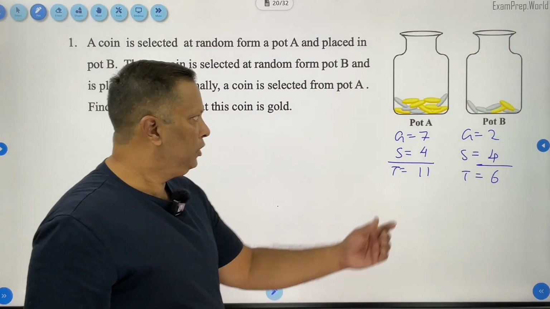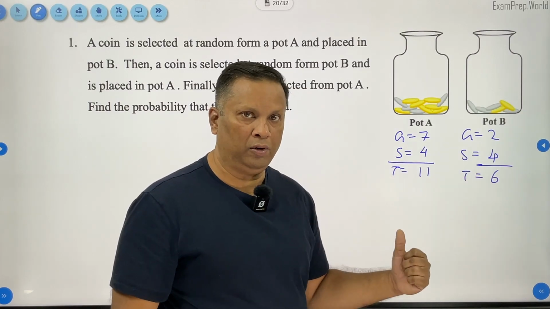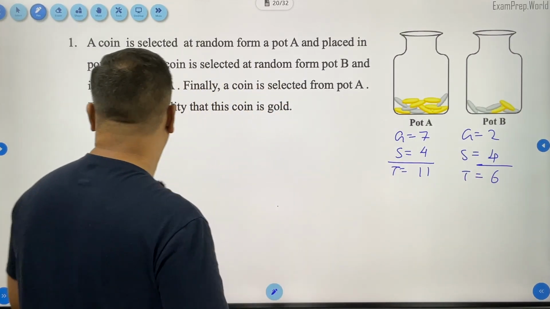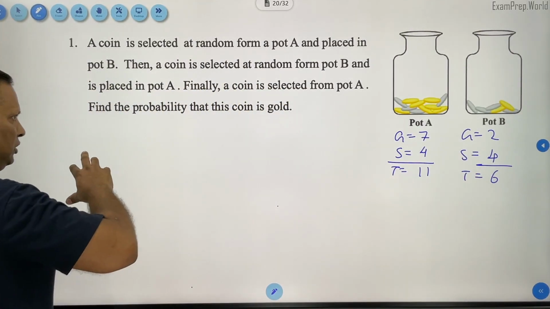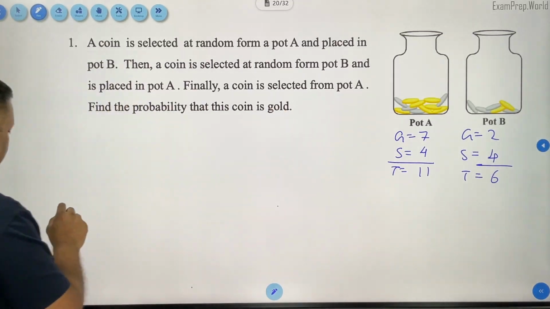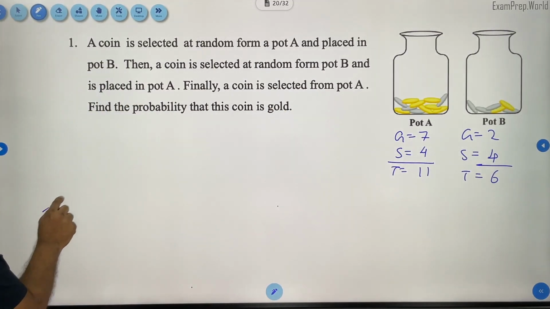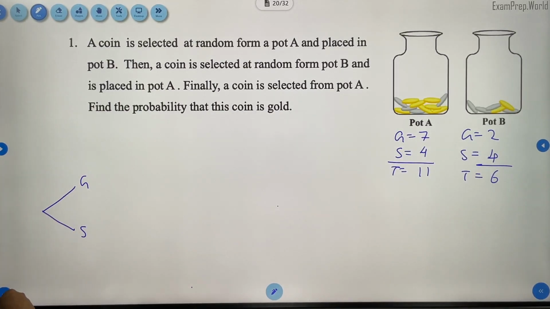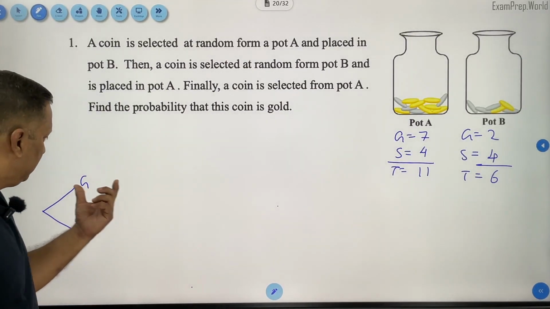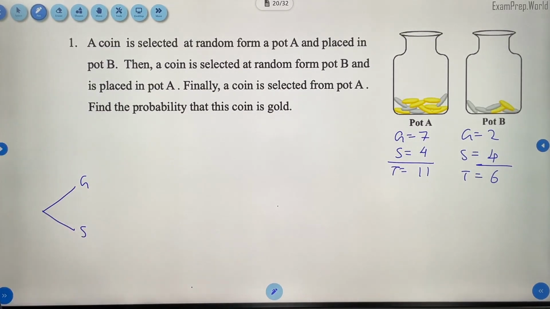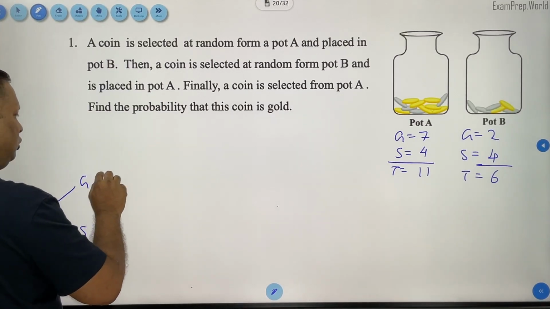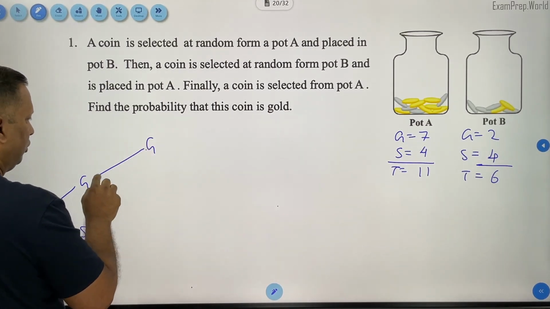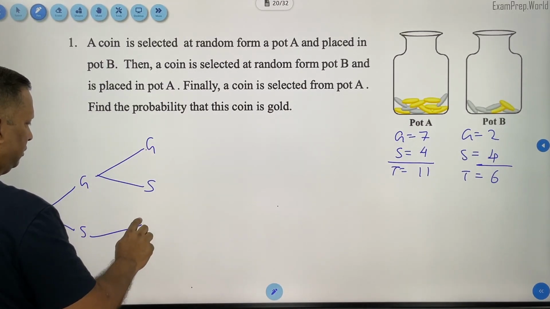Once we know this primary data, we can go ahead and draw our tree diagram. So first you are selecting from pot A, event 1. Either you are going to get a gold or a silver, correct? Then second, you will again get a gold or silver.